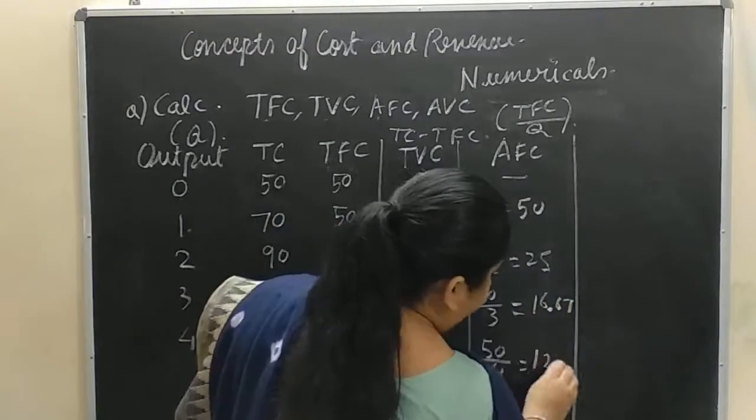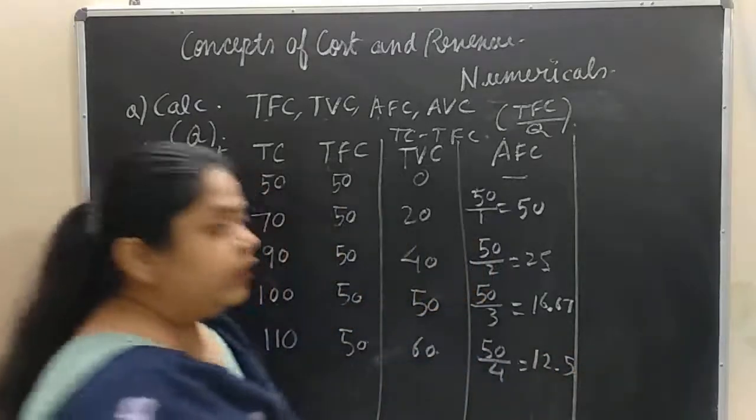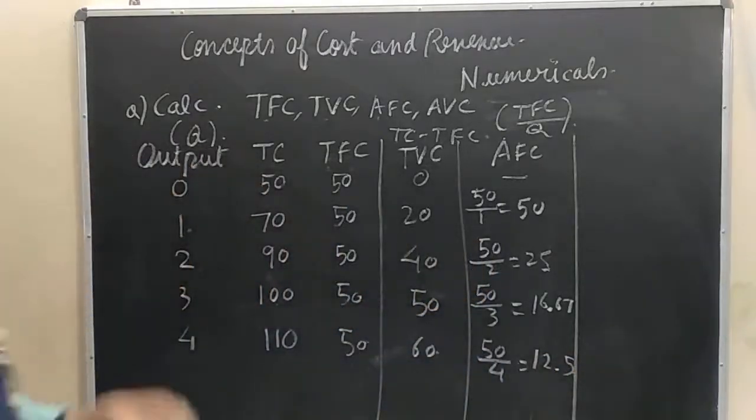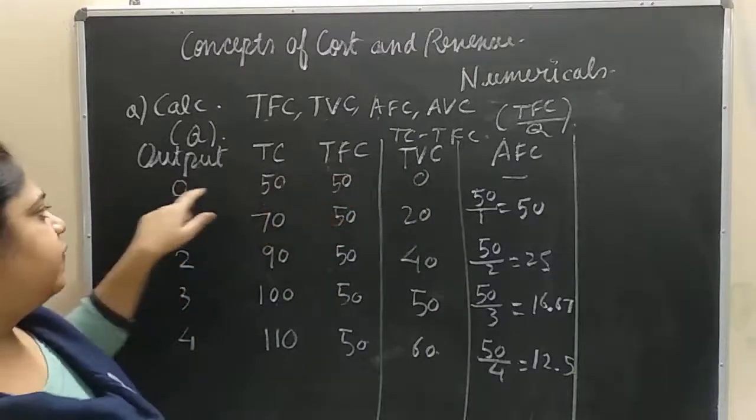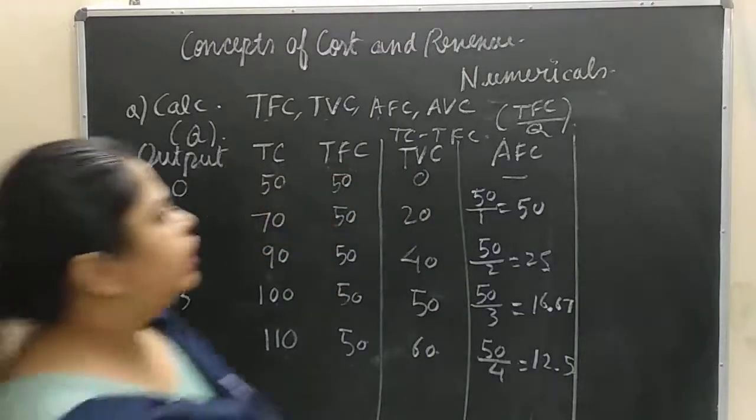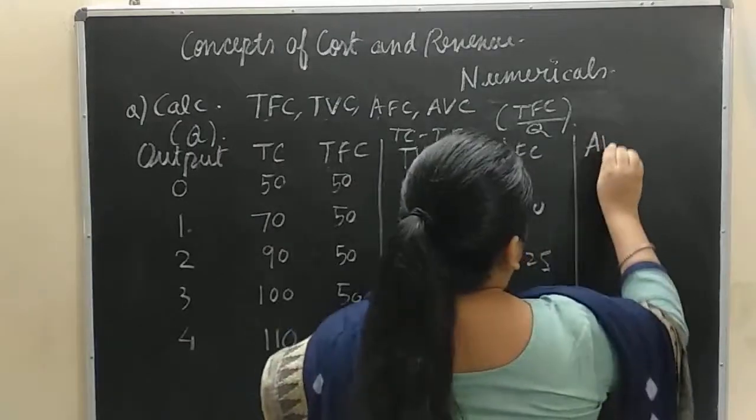Then it becomes 12.5. We have calculated the values. AFC is equal to TFC divided by Q.